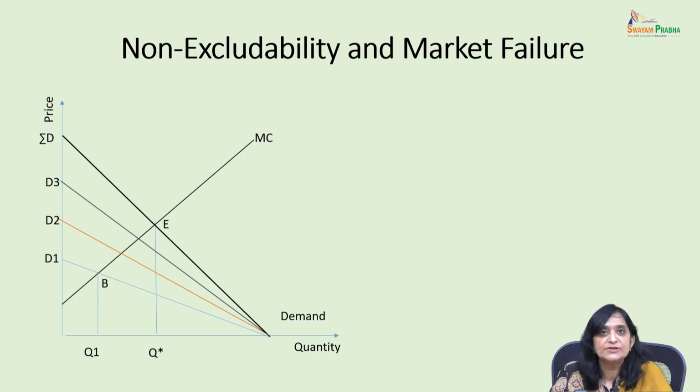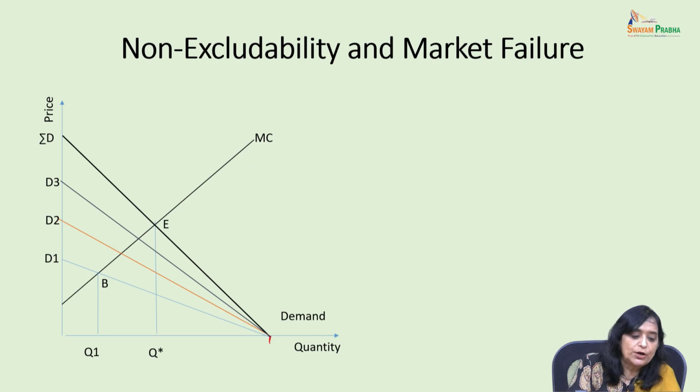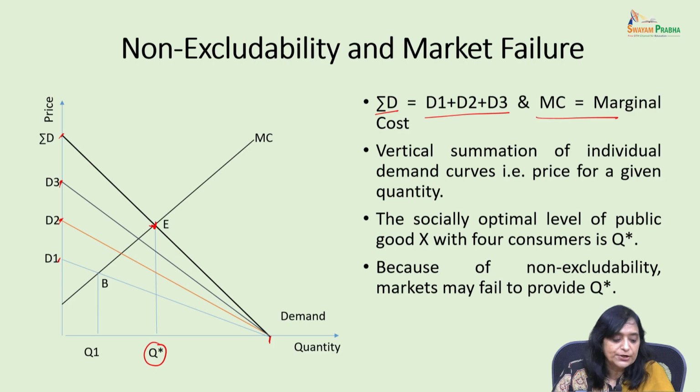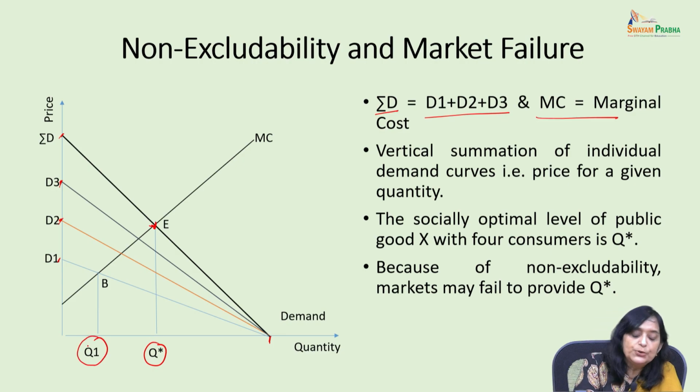Similarly, this graph explains a similar thing, where we have a vertical summation. D1 is the demand curve of person 1, D2 is person 2, D3 is another, and sigma D is D1 plus D2 plus D3. Now, the socially optimum quantity should be Q star, because that's where marginal cost becomes equal to the summated D. But what is going to happen is that the company may only produce Q1.